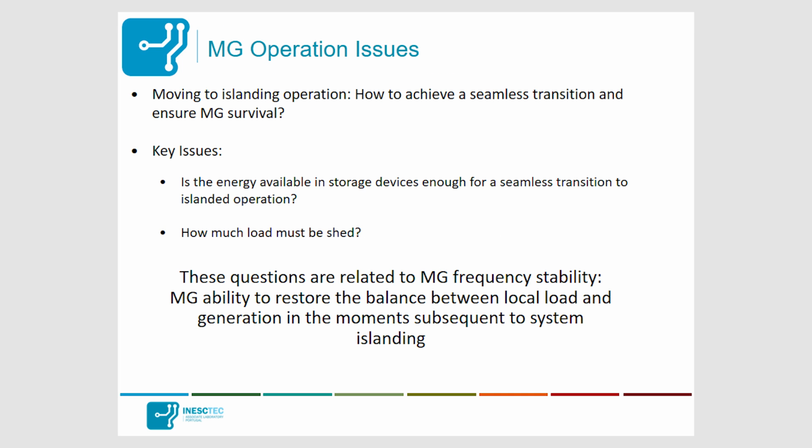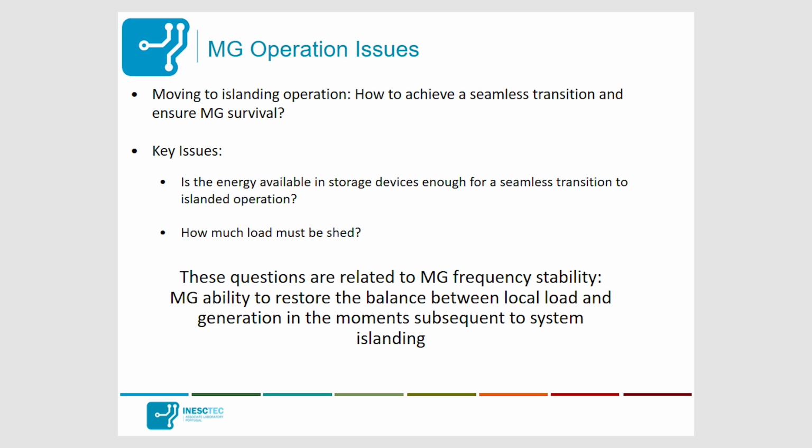So, microgrid operation issues. How do we achieve a seamless transition in order to ensure the microgrid survival? What are the key issues? First of all, is the energy available on the storage device enough for the seamless transition? It's not only about having batteries, it's also about having enough energy on the storage devices to keep the operation of the microgrid balanced within a certain time.